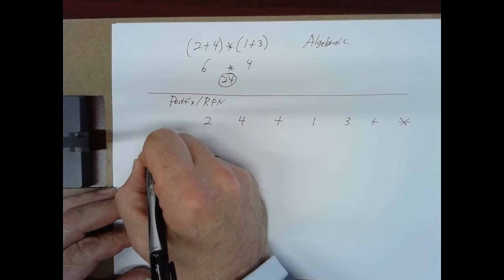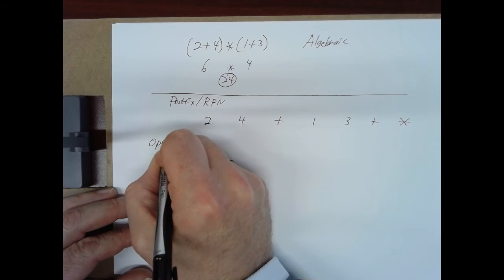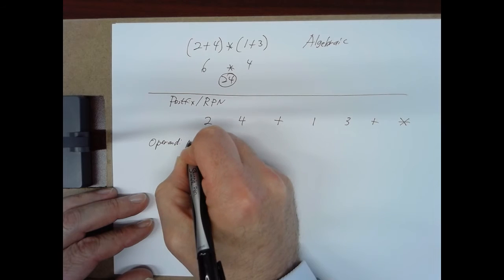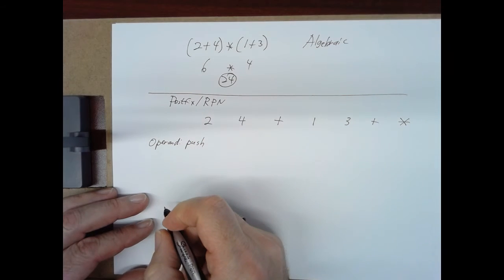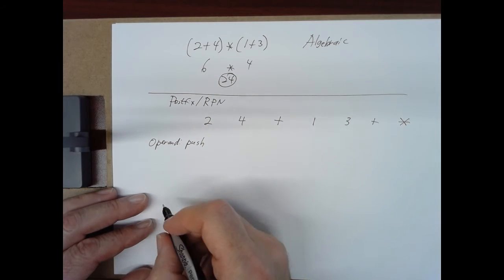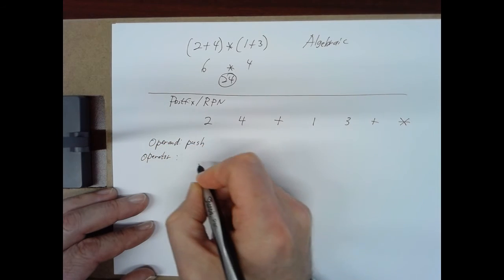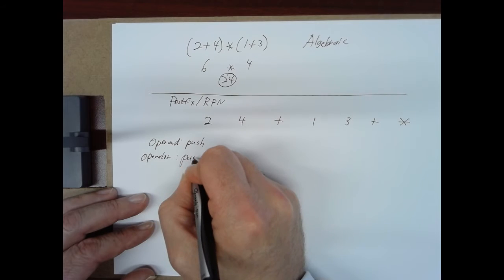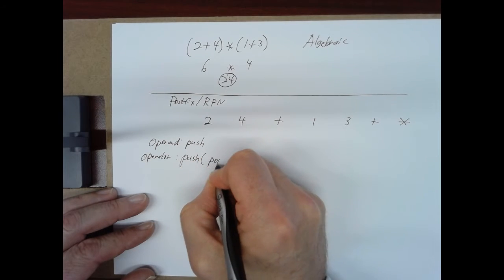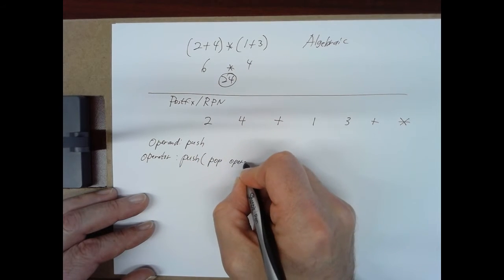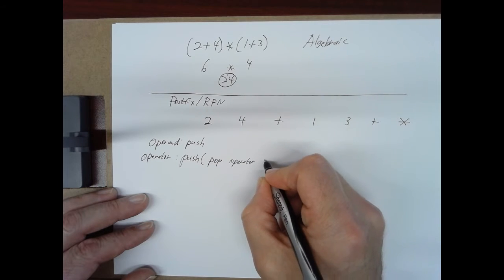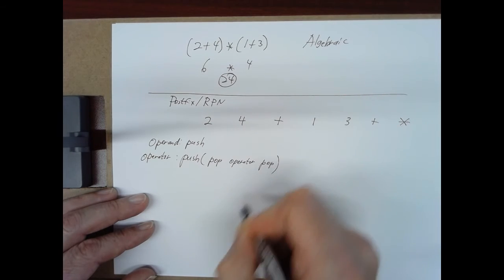If you have an operand, push it onto your stack. If you have an operator, then we want to pop twice, apply the operator, and then push.